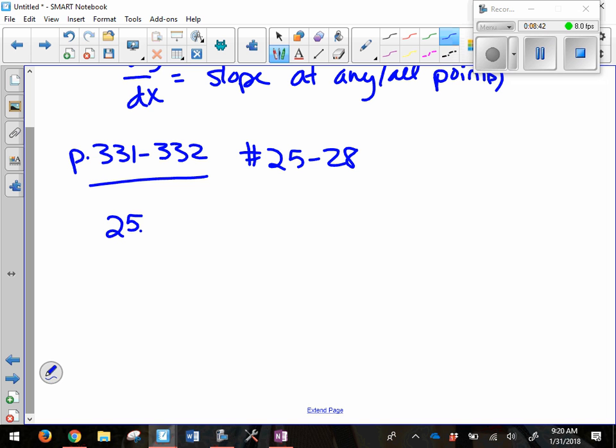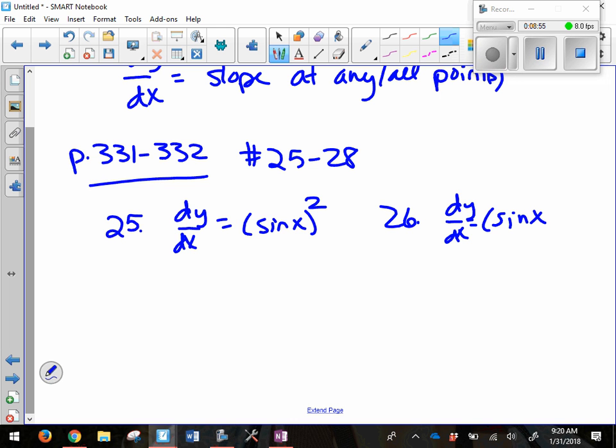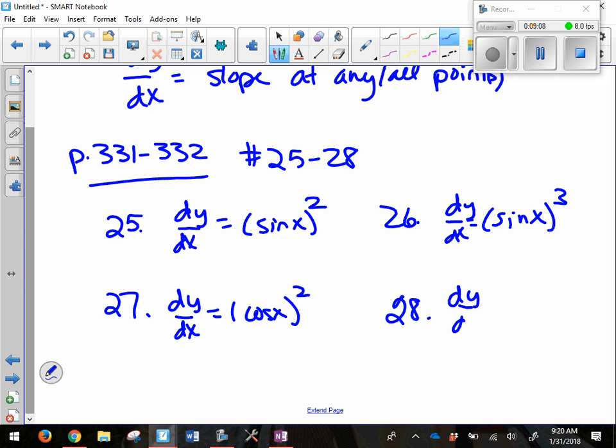Number 25 is dy/dx is sine x squared. 26 is dy/dx is equal to sine x whole thing cubed. 27 is dy/dx is equal to cosine x whole thing squared. And 28 is dy/dx is equal to cosine x whole thing cubed.